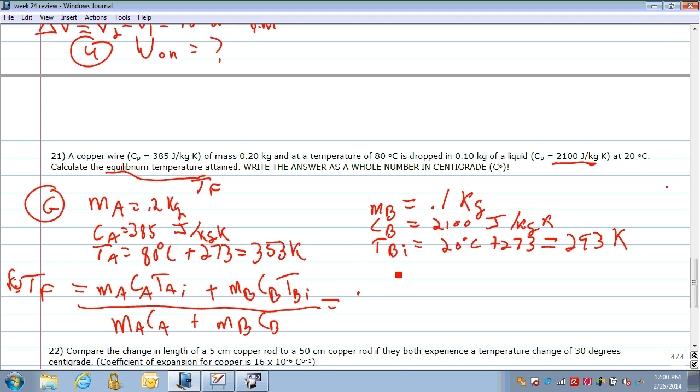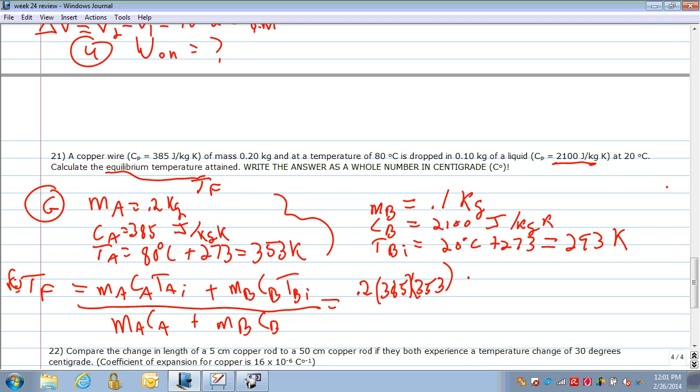And I think you guys can see that this is where the problem comes in: making sure that you got all the numbers in the calculator right. So this is going to be 0.2 times 385 times 353. And notice, if I've got it all lined up here, I'm just reading them off.